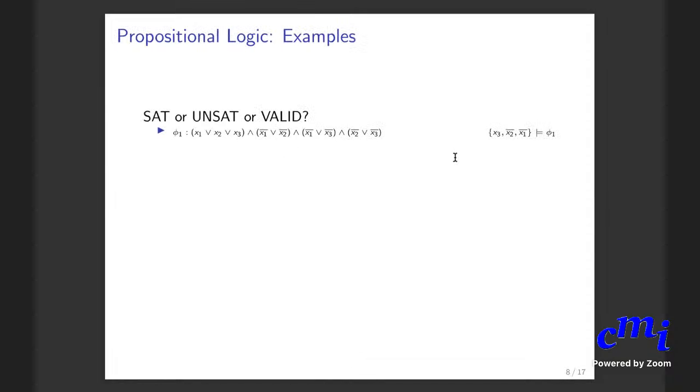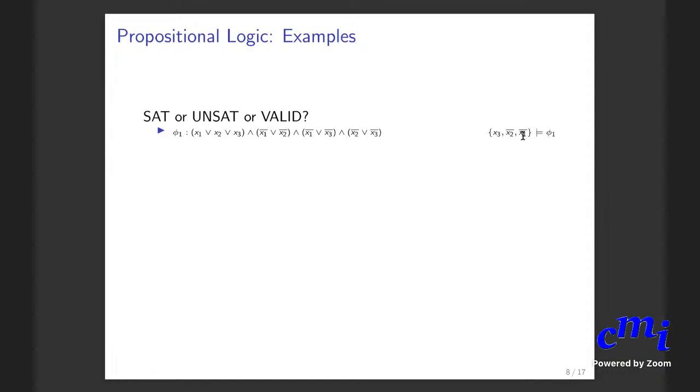Sir, if X2 is false, then in the last clause X2 and X3 both are false, so that won't satisfy. No, if X2 is false, not of X2 will be true, correct? Therefore this clause will be true. The second one, not X1 and not X2, I think that will not hold because both are false.